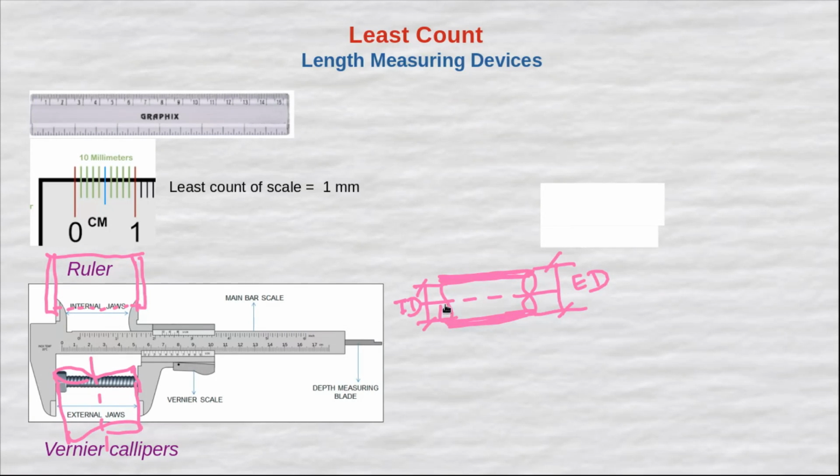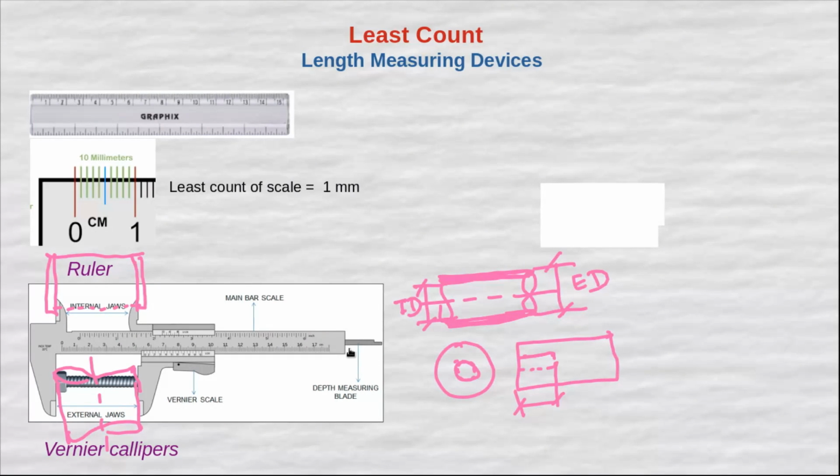Similarly, if you have a blind hole in this cylinder, a hole up to some depth like this, how can you measure this depth?